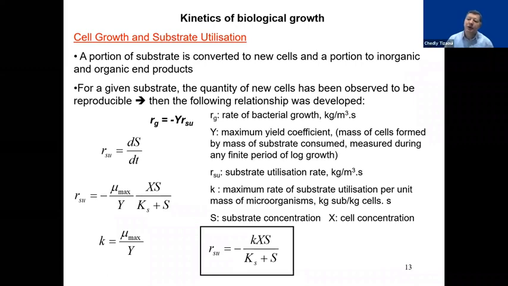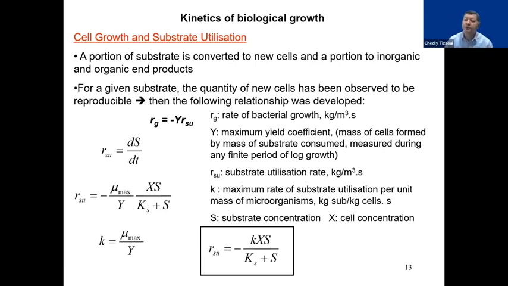In the same manner, we can look at the rate of substrate utilization. That means how the BOD or COD, that's the substrate, changes over time. That concentration of substrate changes over time and is represented by the rate of substrate utilization.